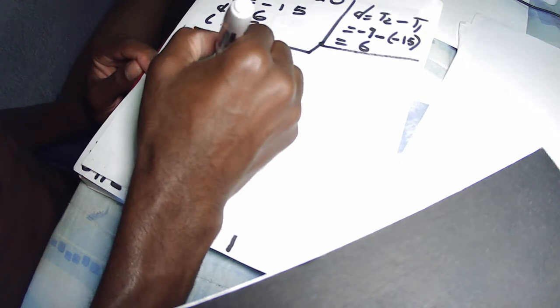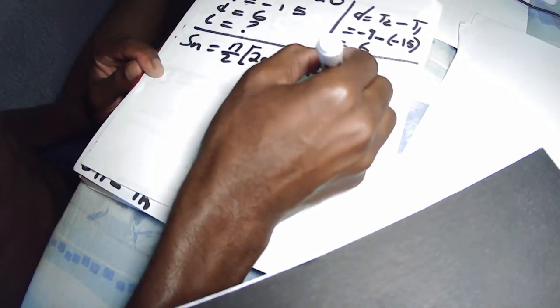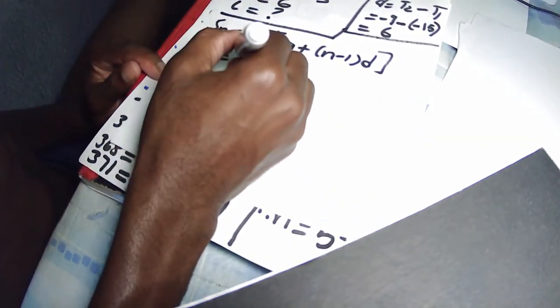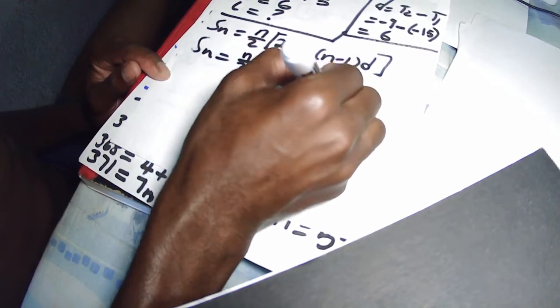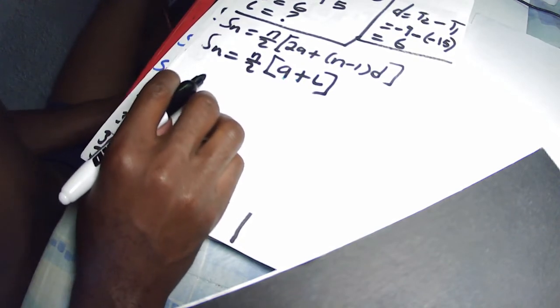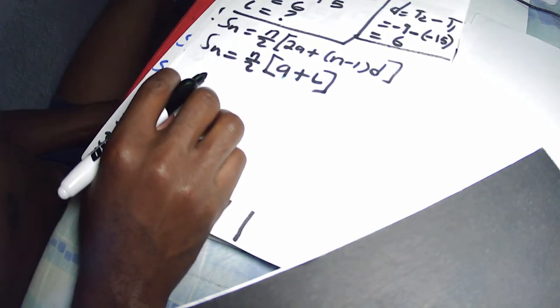So the two formulas: we have Sn is equal to n divided by 2, times 2a plus (n minus 1) times d. And we have Sn is equal to n divided by 2, times a plus l. Which formula is suitable for this question? Determine the sum of the first 20 terms.